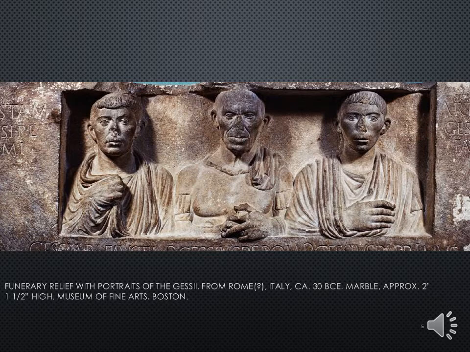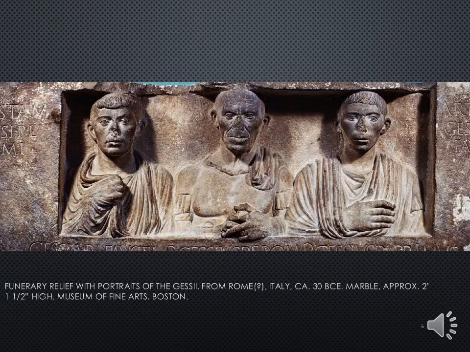What we'll see is an important shift away from this emphasis on realism towards something else. But in the Republic period, we want to talk about verism and veristic portraits. So veristic means that we have a portrait that is true to life, that looks realistic.